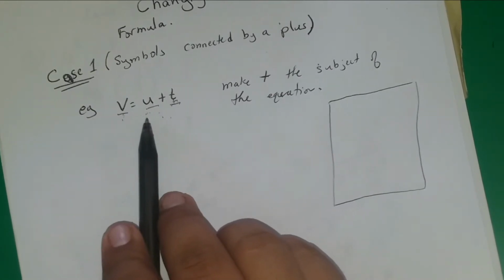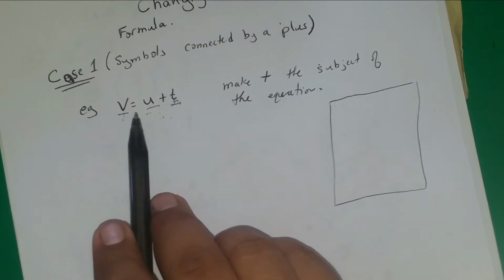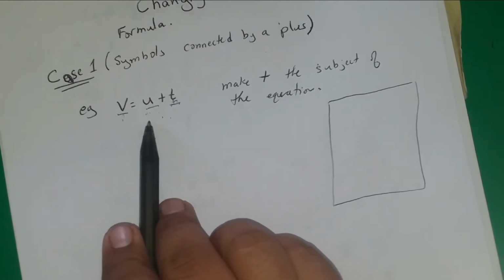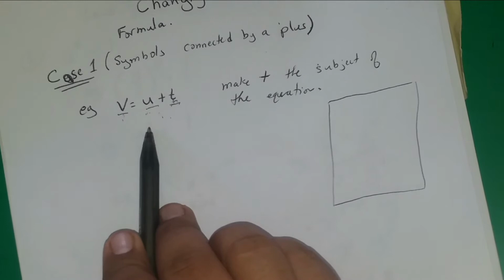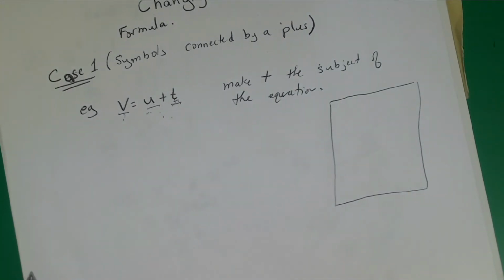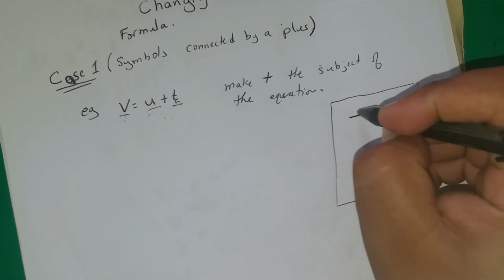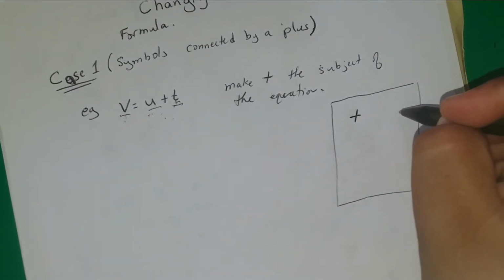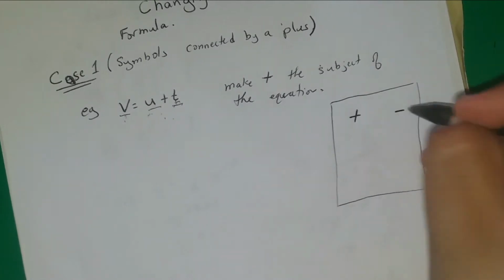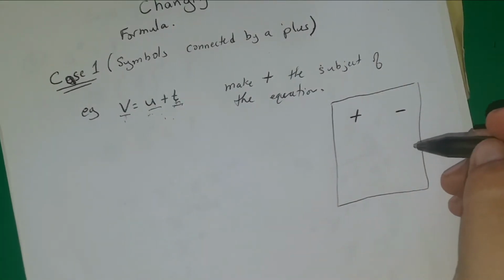Then it could be separated by division, it could be separated by multiplication, it could be separated by powers or whatsoever. So for me it helps to remember this, that if you see addition, then the opposite of it would be subtraction, right?